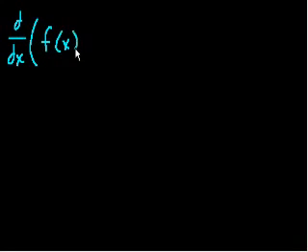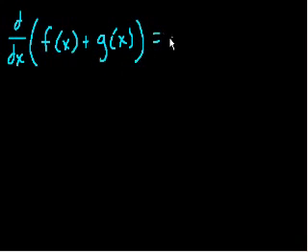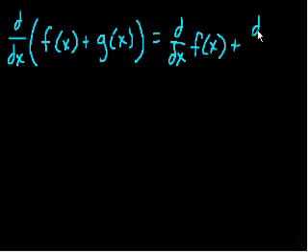The derivative of f of x plus g of x is the same thing as the derivative of f of x plus the derivative of g of x. That might seem a little complicated to you, but all it's saying is that you can find the derivative of each of the parts when you're adding up, and then that's the derivative of the whole thing.